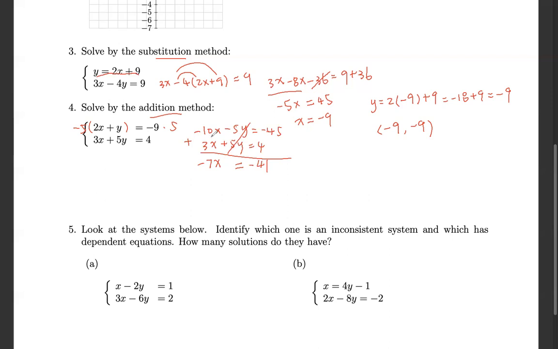Let's see, -10x, -7, yes. 5y, yes. 45, yes. So we got a fraction. So x equals 41 divided by 7. Then we go back to find y. We use the first equation: 2 times x, 41 divided by 7, plus y equals -1.